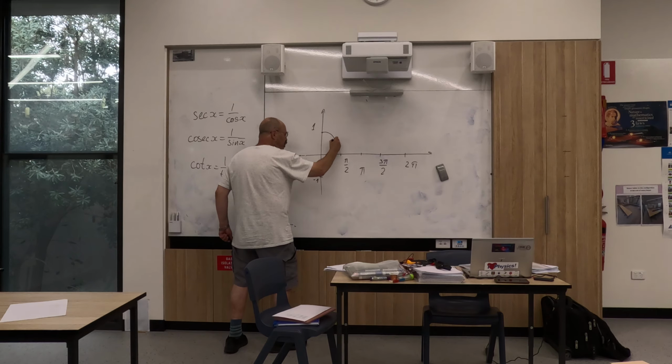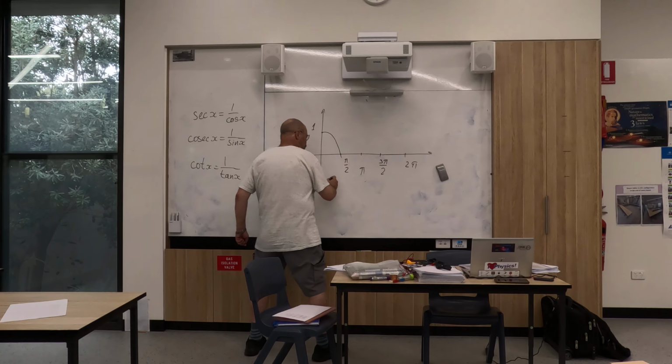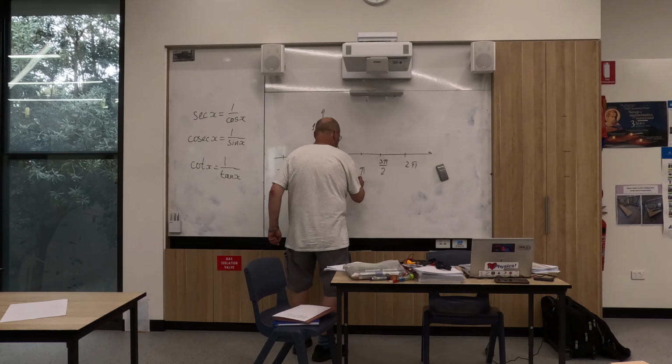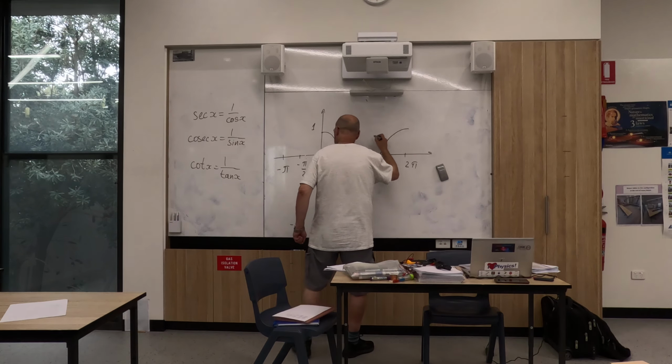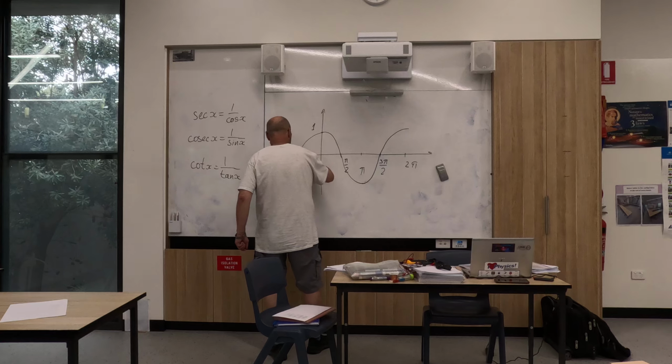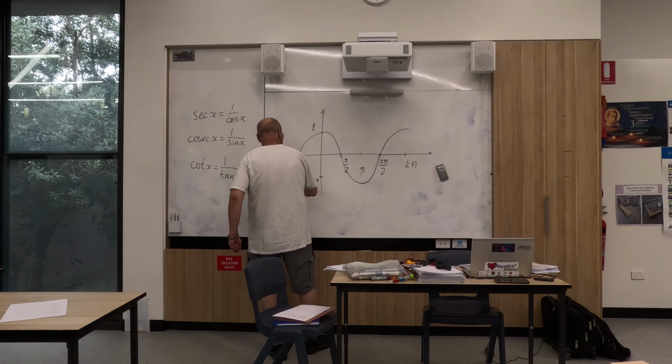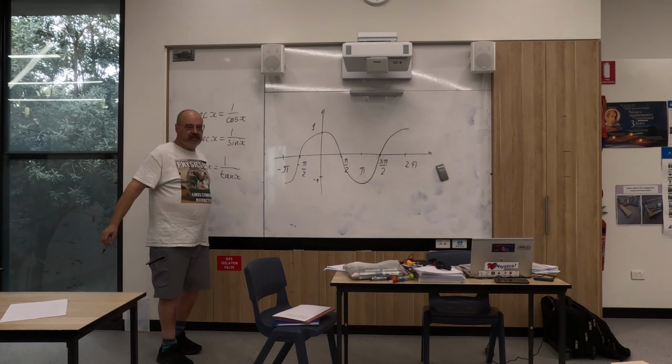We all know well the graph of the cosine function. So that is cos x.